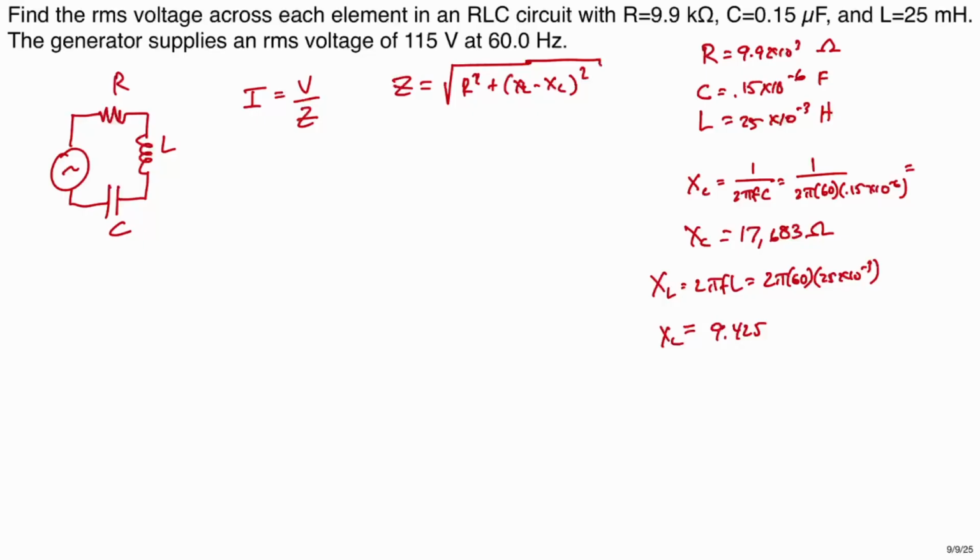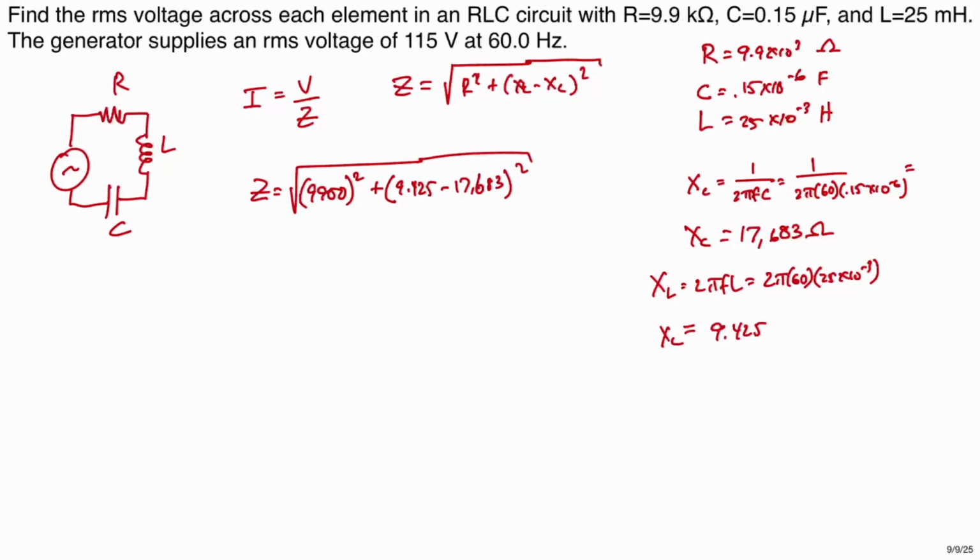So compared to the capacitor, is the inductor doing much in this circuit? Hardly anything, right? Like all the resistance seems to be with the resistor and the capacitor. Okay, so now we calculate our impedance. Square root of 9,900, that's 9.9 times 10 to the 3 squared, plus 9.425 minus 17,683, quantity squared.